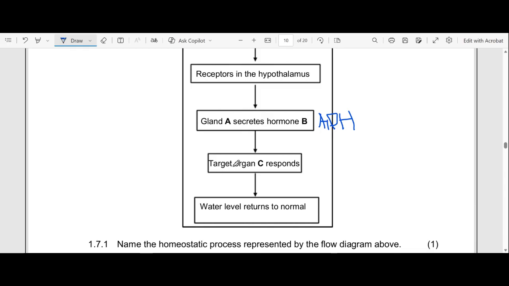Then ADH will go to target organ C. What is target organ C? Target organ C obviously is the kidney, right? The kidney. Okay, then water levels return to normal.